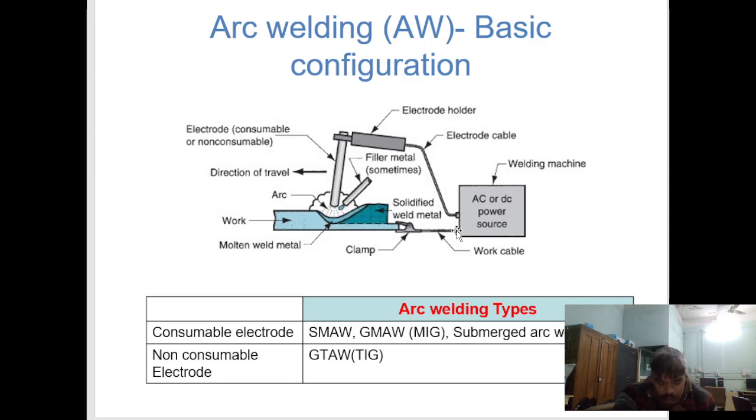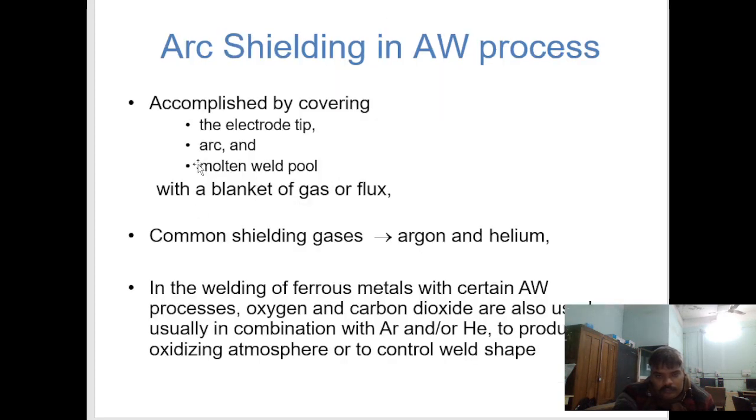One wire will be connected to the workpiece and one will be connected to the electrode. Filler metal sometimes will be provided. This one is the solidified weld metal. This is the arc. This is the direction of travel.